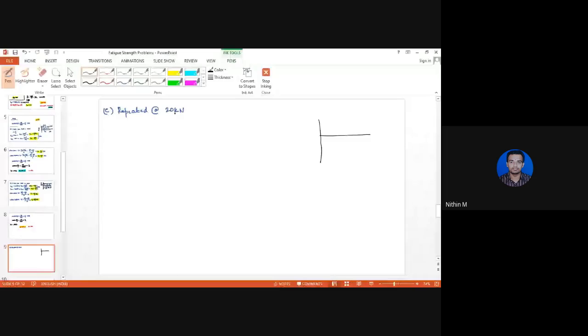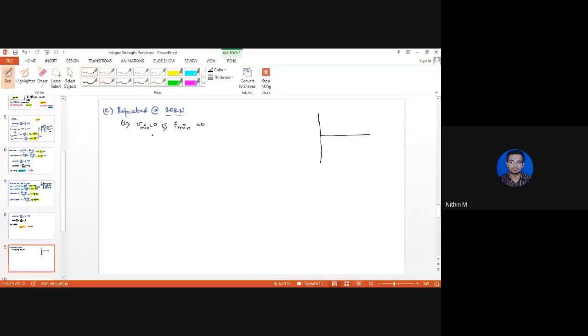So what does repeated force mean? Whenever we encounter the term repeated load, it will always imply that sigma minimum is equal to 0.